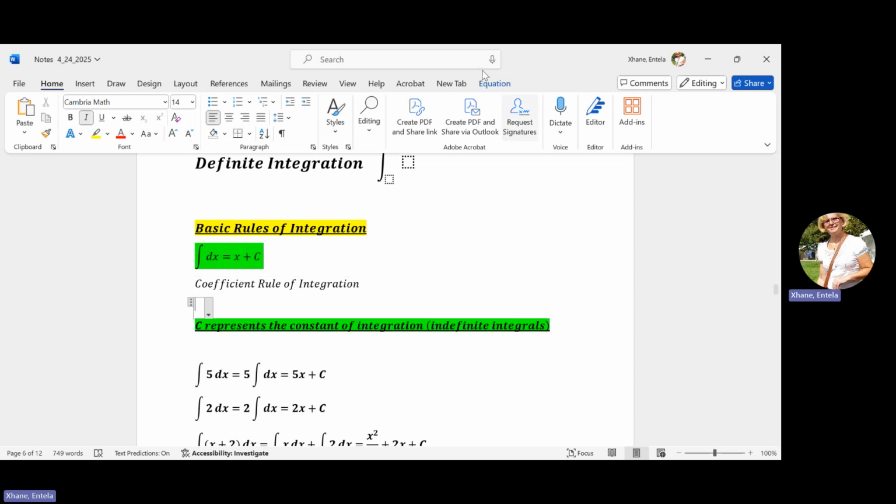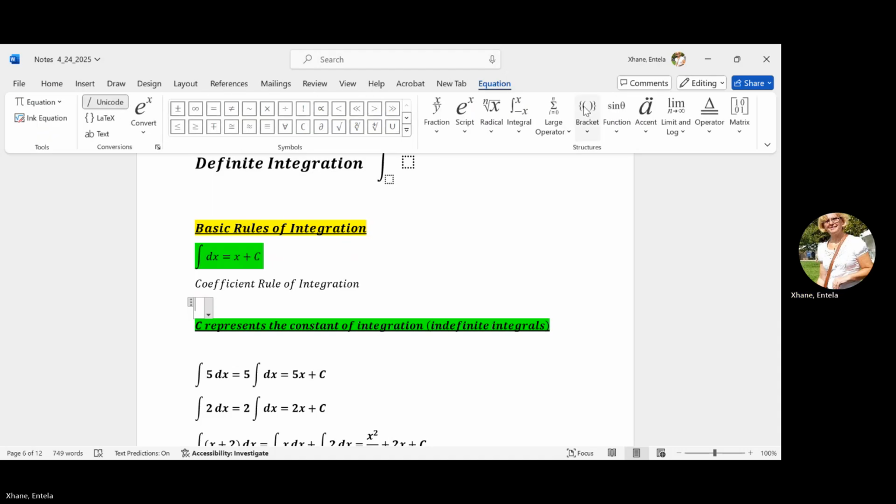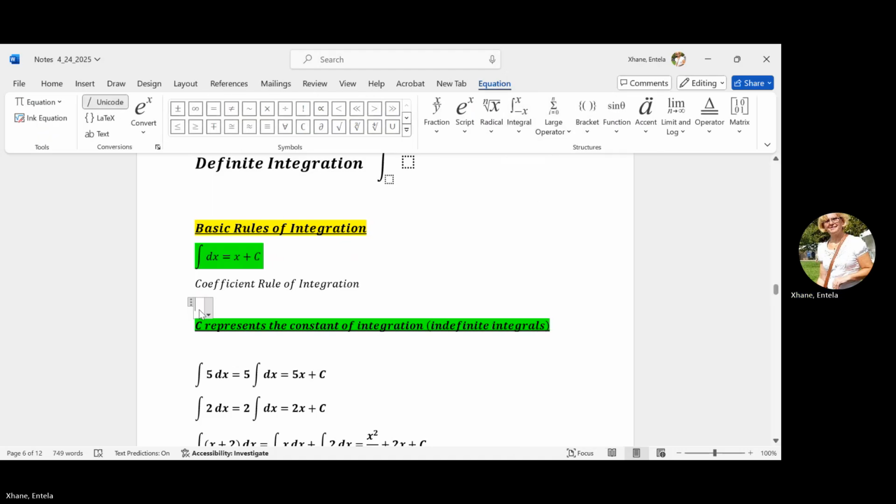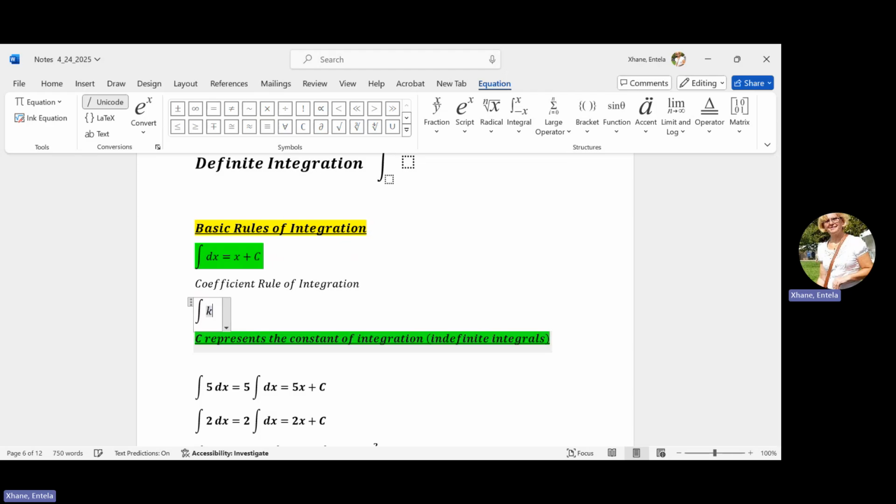So what the coefficient rule is saying, if you have a coefficient, I'm going to call it a k, in front of f of x dx, then we do not differentiate coefficients.